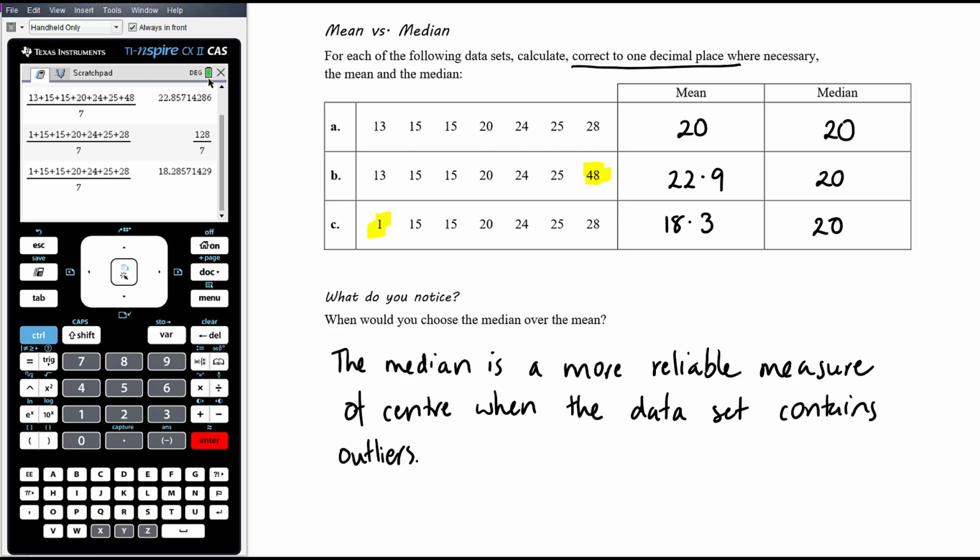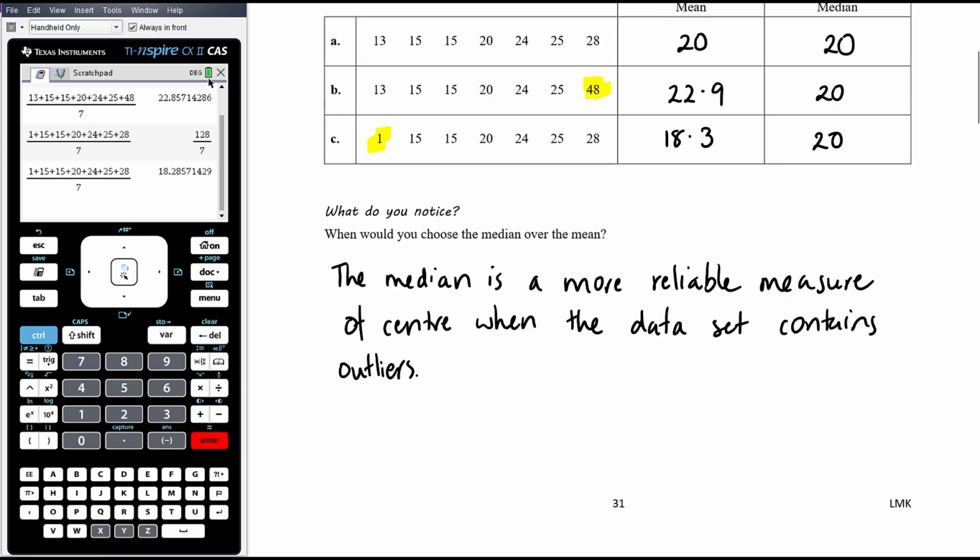You might have a suburb where the vast majority of houses are sold for around, I don't know, 800,000, and then there might be a couple of $1.5 to $2 million houses, and averaging is going to be skewed by those outliers, whereas talking about the median is going to give a more realistic idea of the centre of the data set.